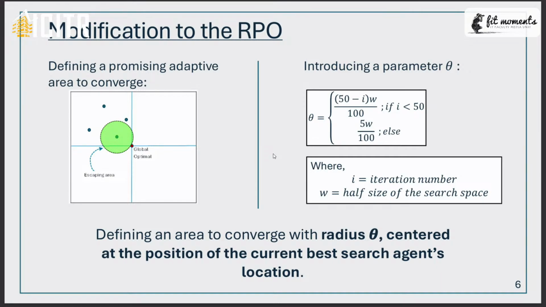This theta depends on the current iteration number and the size of the search space. As the iterations pass, this escaping area shrinks, increasing the focus on the area of the current best objective value in the search space.